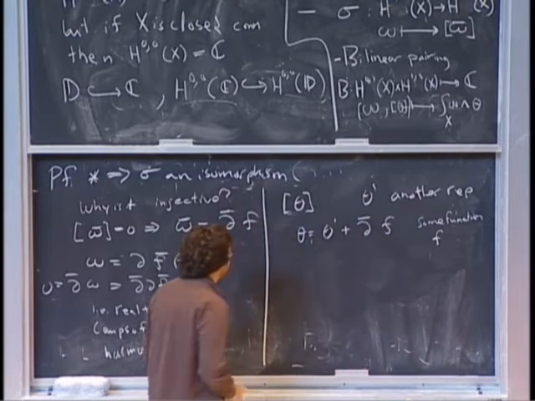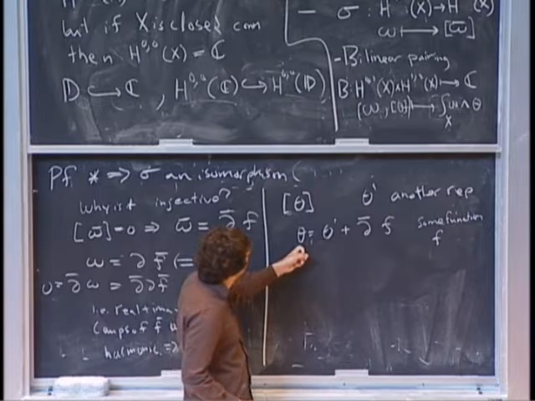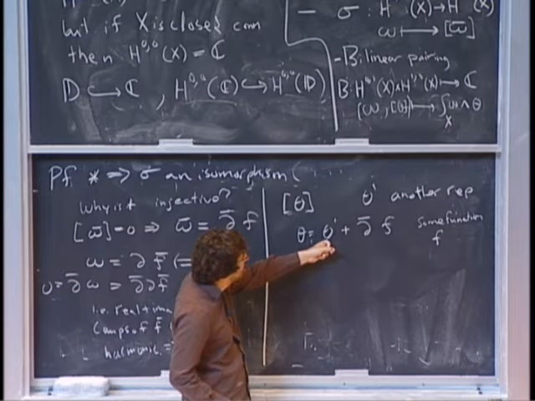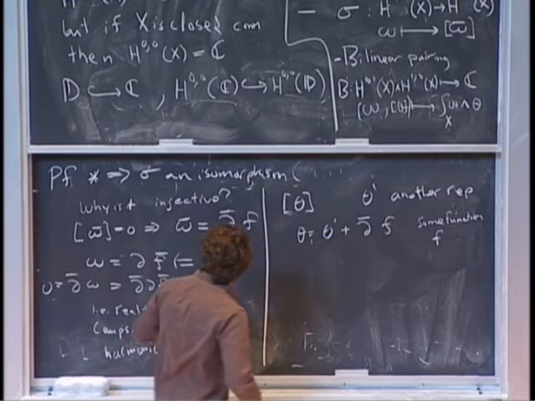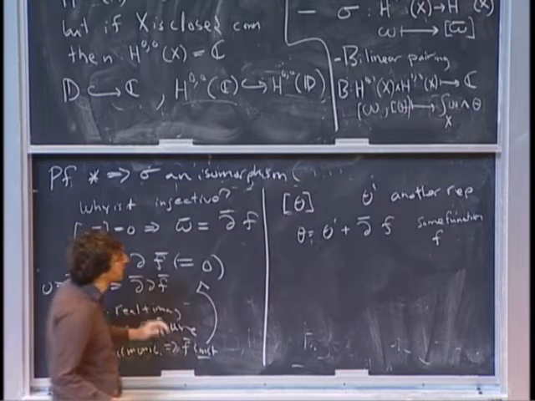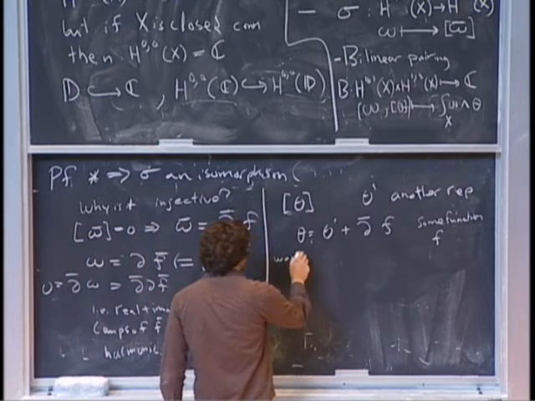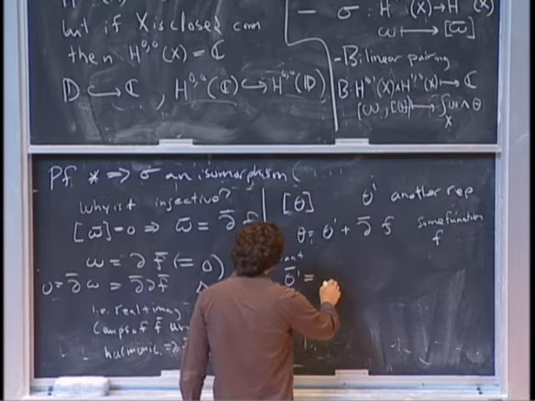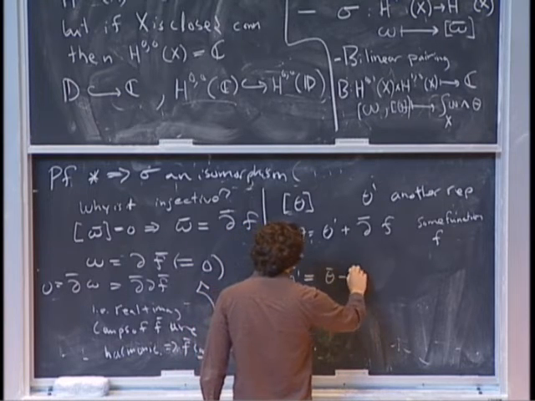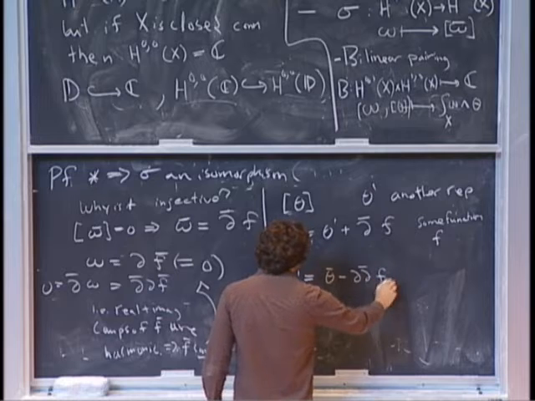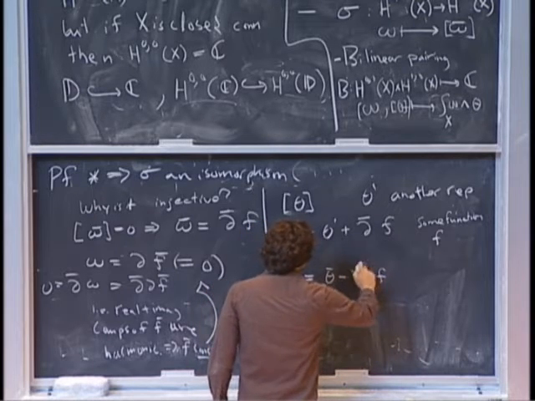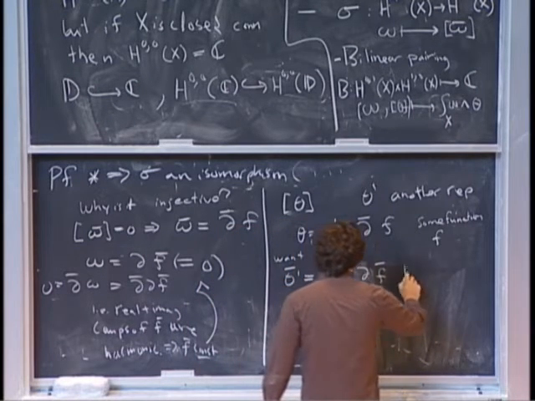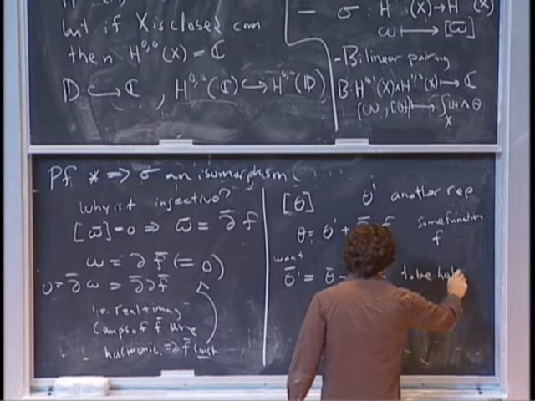Say we just pick theta, we're given it, and we want to make theta prime be the image of this map sigma. That means that we want theta prime bar, which is equal to theta bar minus del bar of f, minus del of f, to be holomorphic, right?